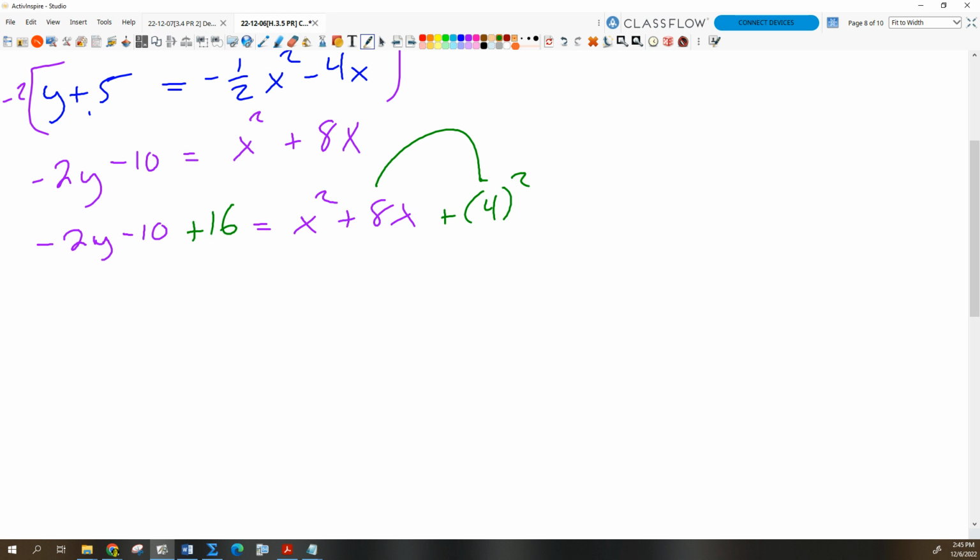I'm just going to write it as 16 on the left side. On the right side, I left it this way because what's that going to factor into? There you go. X plus 4 squared.